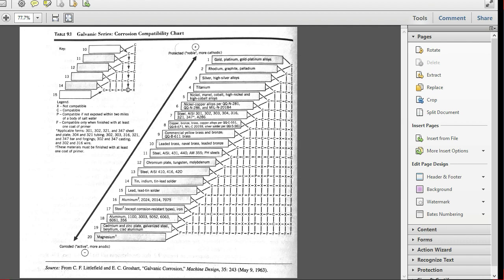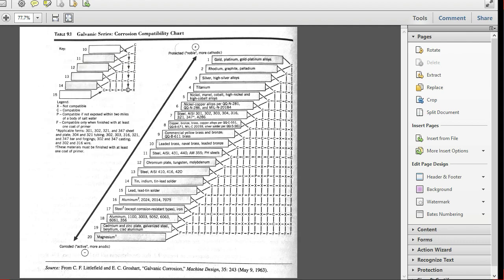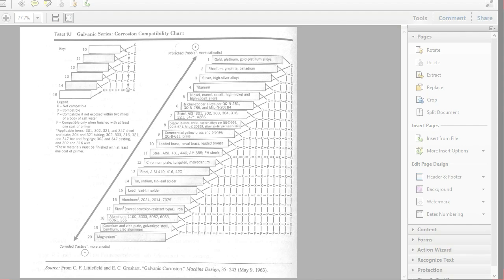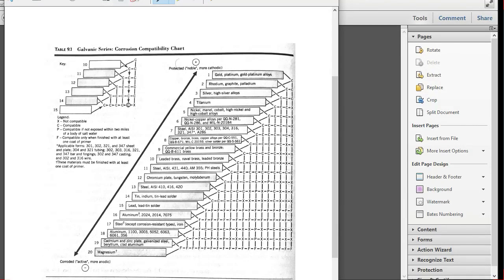So 1 would be the least reactive, 20 would be the most reactive, and as a rule of thumb, what you want to do is pick materials that are close to one another on this chart. So as an example, we would pick material from this chart that would be close to another material. We can see whether or not they're compatible. And what's interesting to note is the way the table is separated.